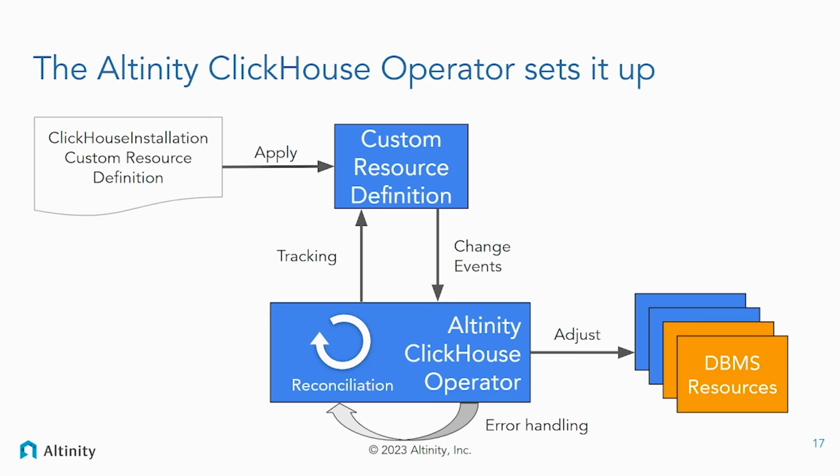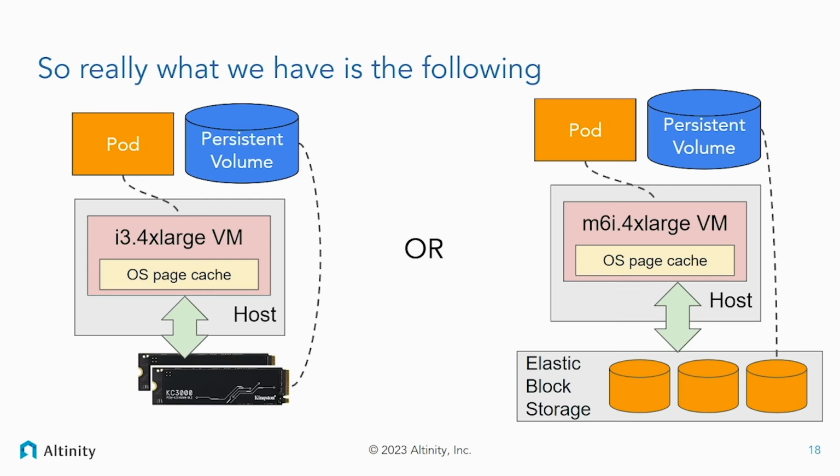And what you do is you feed it into Kubernetes. It says, hey, this is a ClickHouse installation type resource. It hands it off to our operator because it knows that our operator is supposed to do that. It then defines the resources out on Kubernetes, and Kubernetes makes the infrastructure obey. And so that's how the database gets set up.